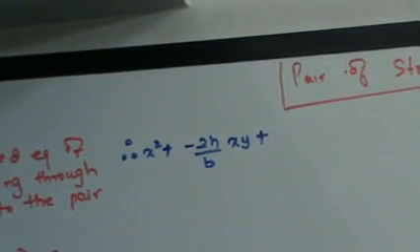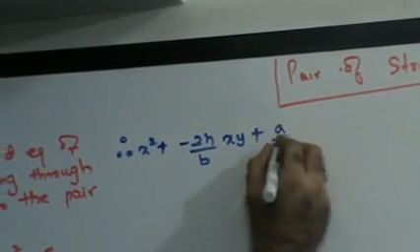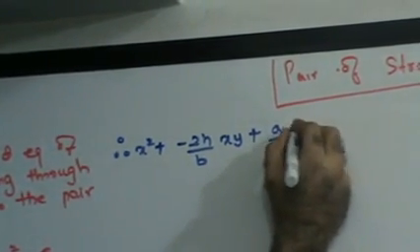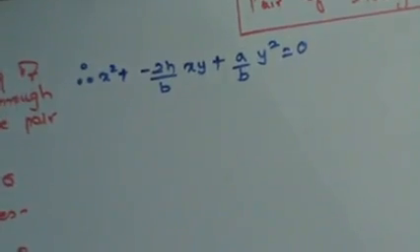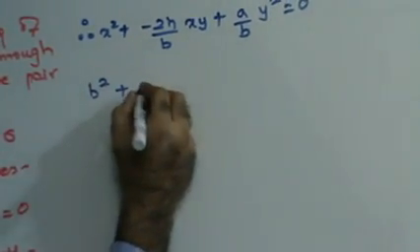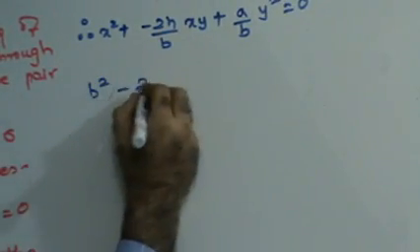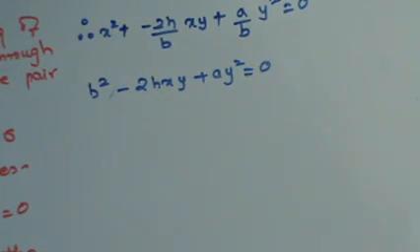We found the value of m1 m2 to be nothing but a upon b, y square is 0. I could take b as the common denominator. If I take b as the common denominator, I'll get bx square minus 2hxy plus ay square is 0. This will be the combined equation of pair of perpendicular lines. Fine, do we get this thing clear?